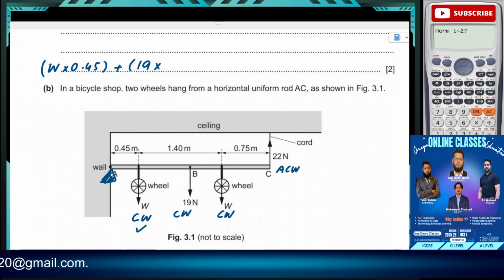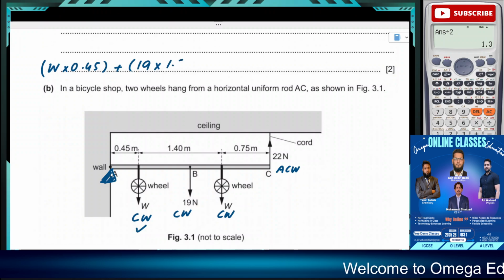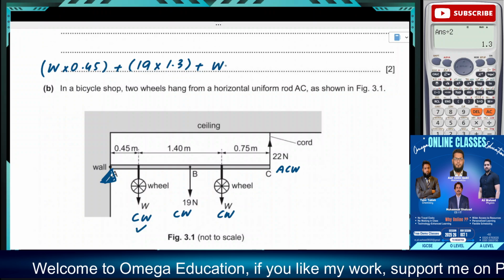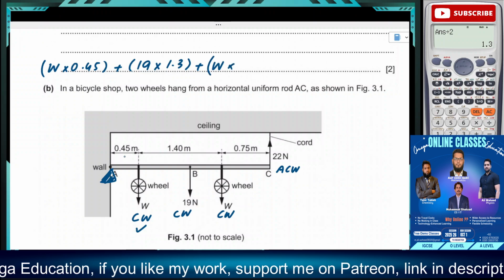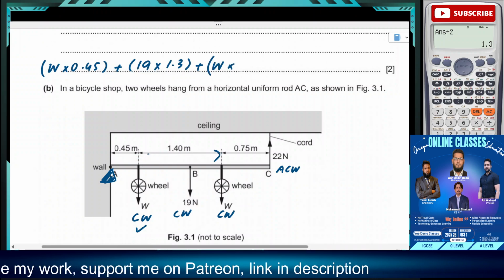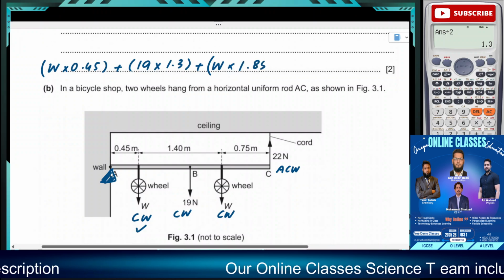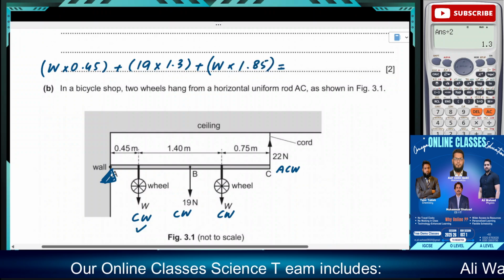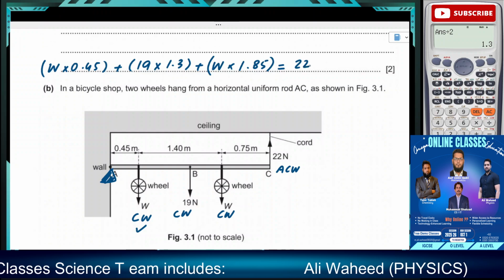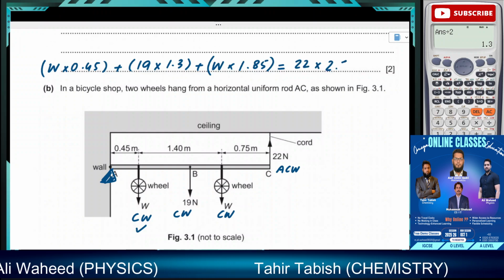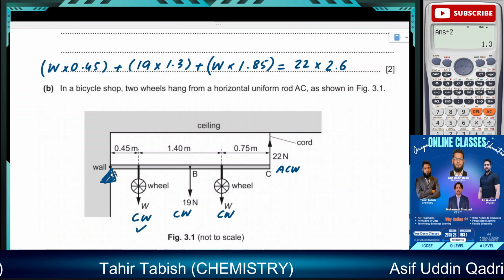So we get 19 times 1.3 plus W again, but this time W times this much, 1.85, equals 22 times the total length, which is 2.6.